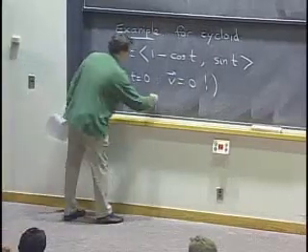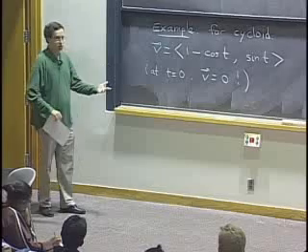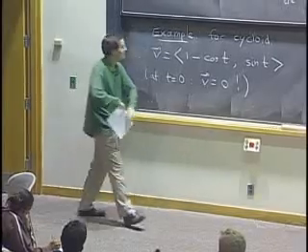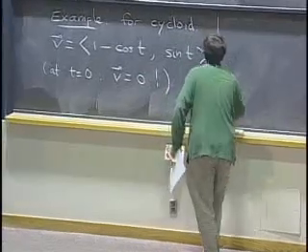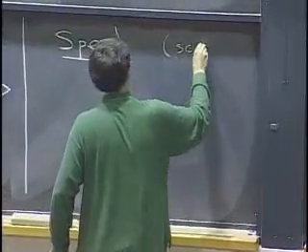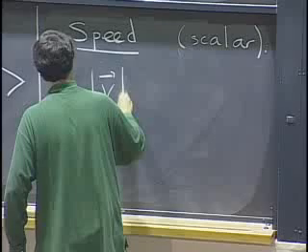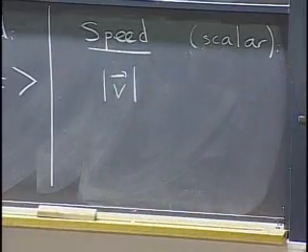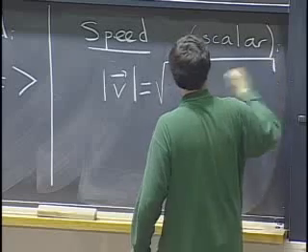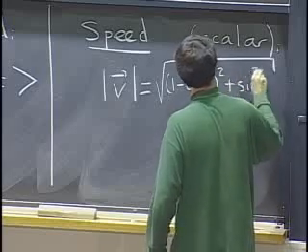Now, that's a vector and it's useful. But if you want just the usual speed as a number, then what will you do? Well, you will just take exactly the magnitude of this vector. So speed, which is a scalar quantity, is going to be just the magnitude of the vector v. So in this case, it would be the square root of (1 minus cosine t) squared plus sine squared t.